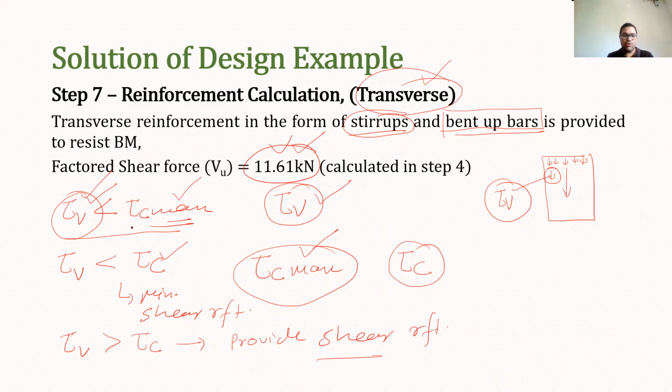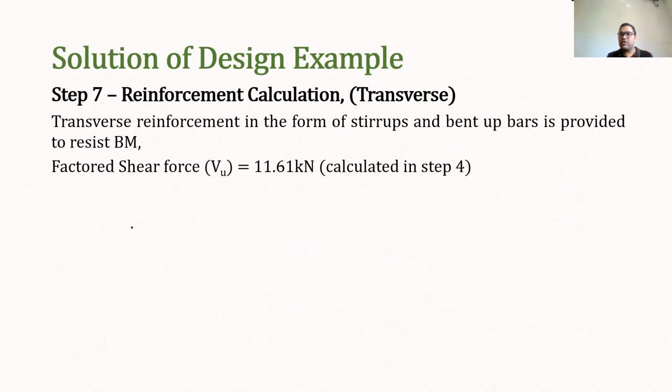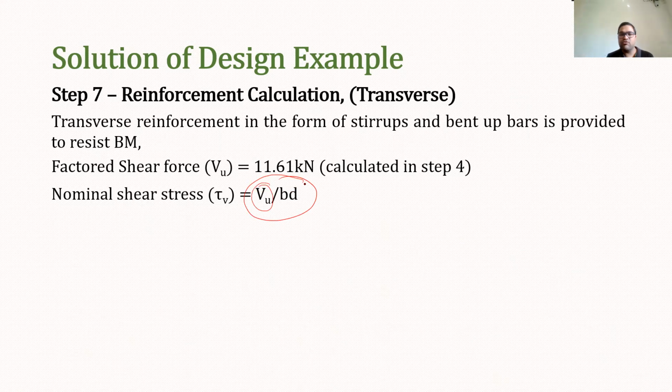Now first we will calculate the value of tau v, which is shear force per unit area. Vu is the force and the cross-sectional area of the beam is b into d. Force upon area becomes the stress, which we call nominal shear stress.